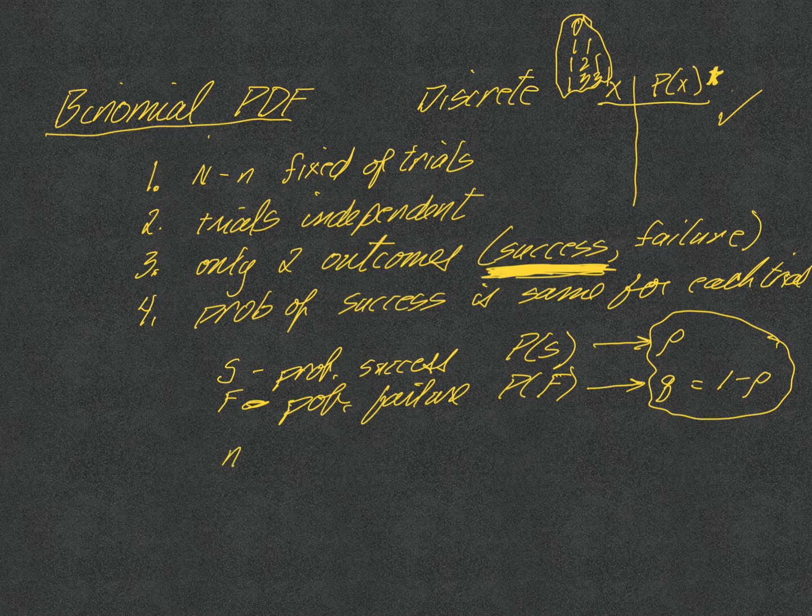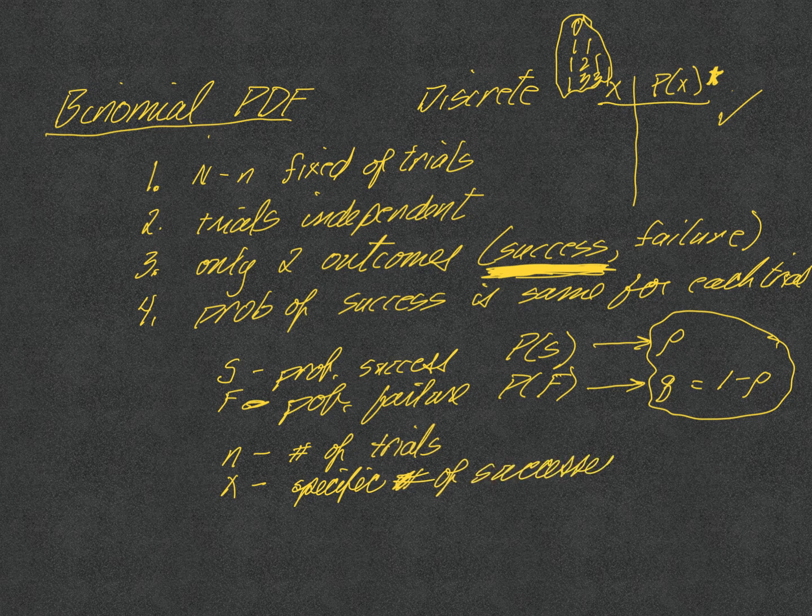N always stands for the number of trials. X stands for the specific number of successes. In other words, this is the random variable.